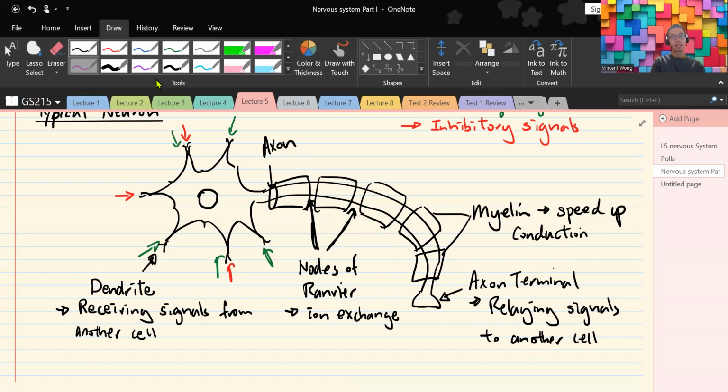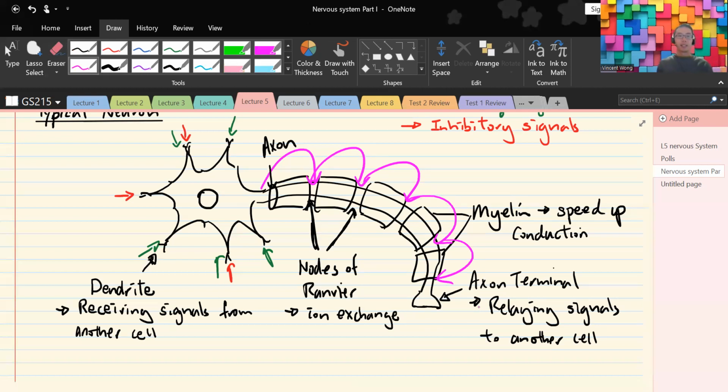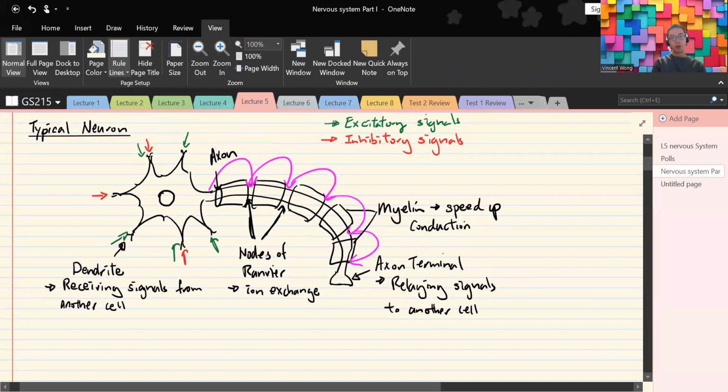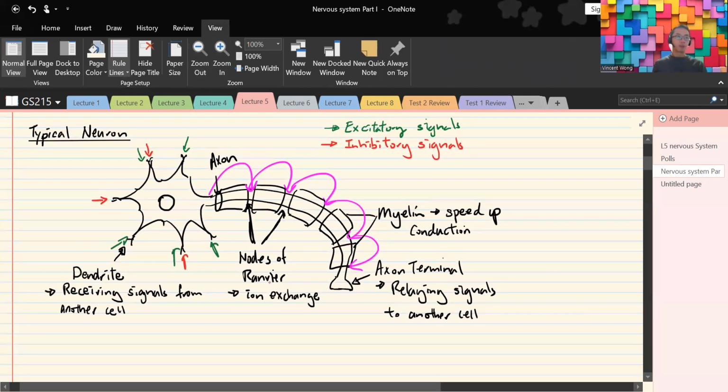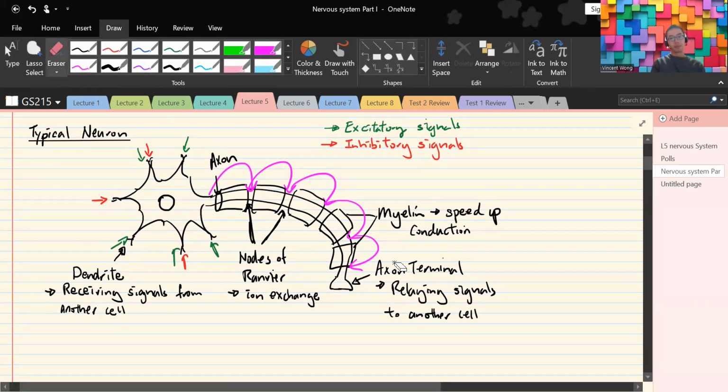What happens is the signal will basically jump from node to node, and it will be able to reach the axon terminal rather quickly. So there you have it. That's your typical neuron. Does anybody have any question for me? We good to go?